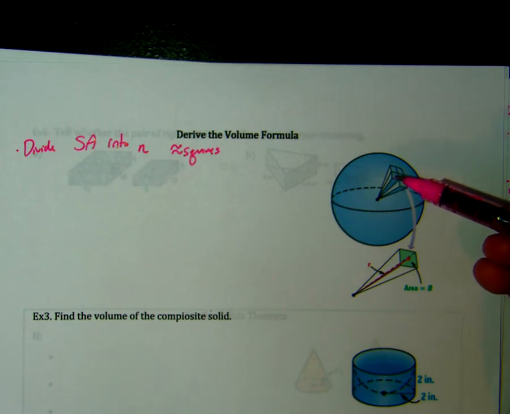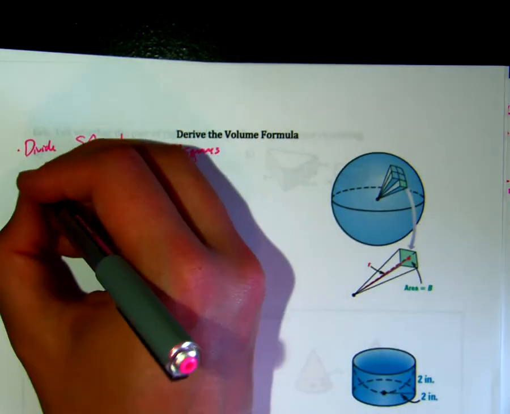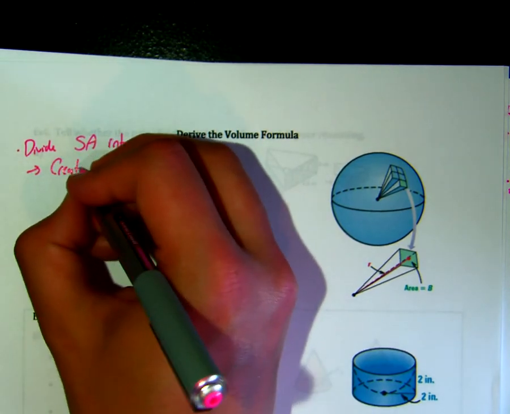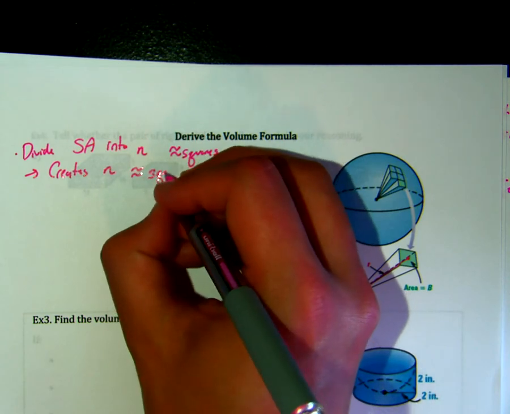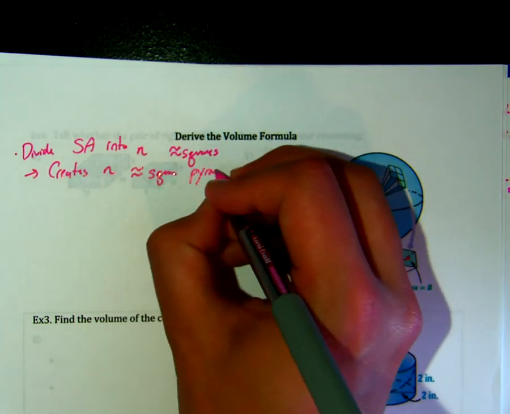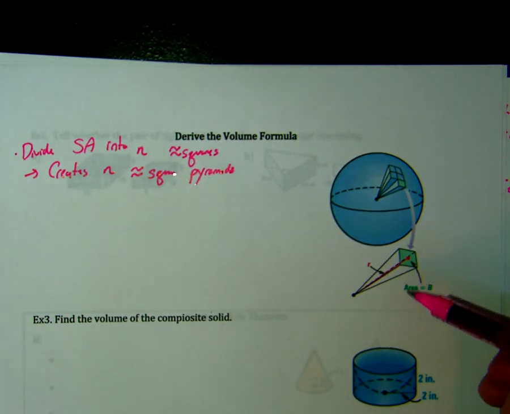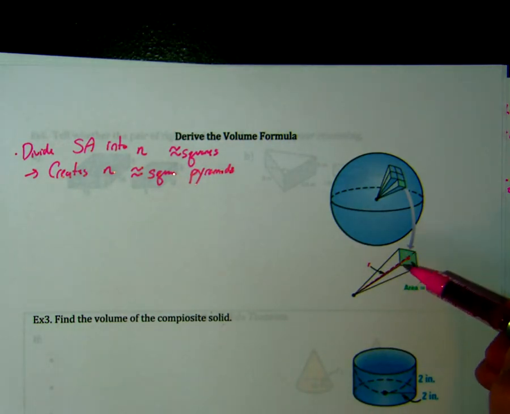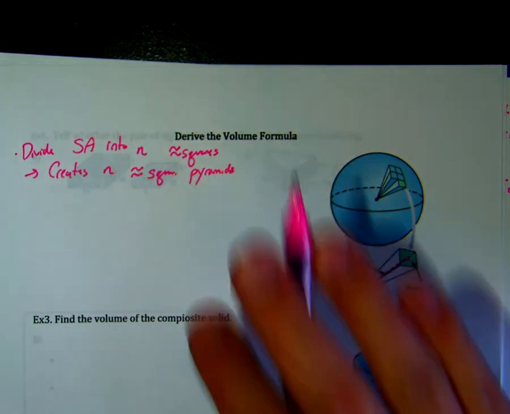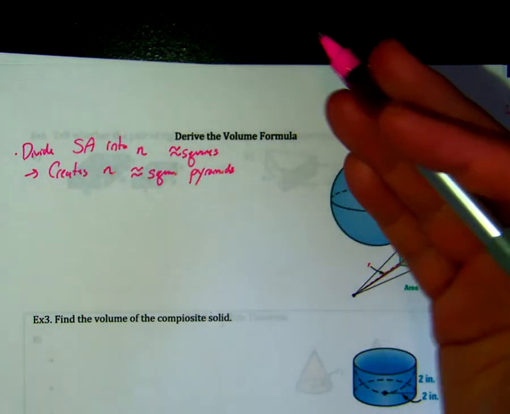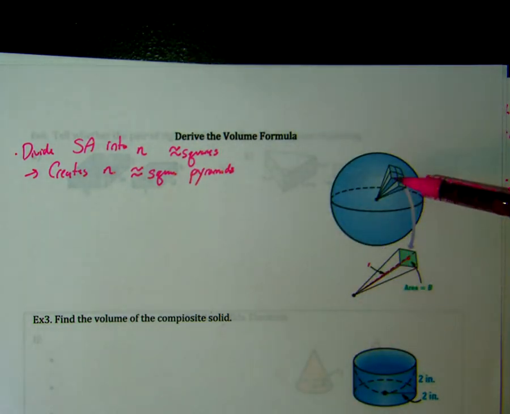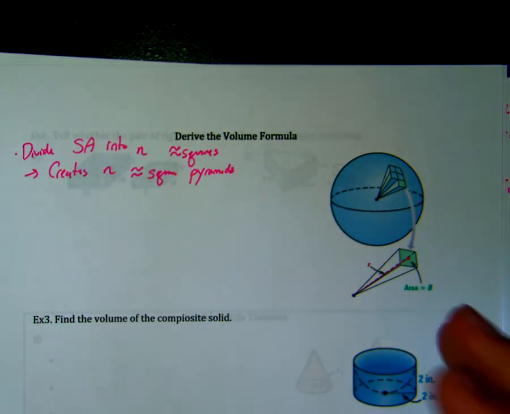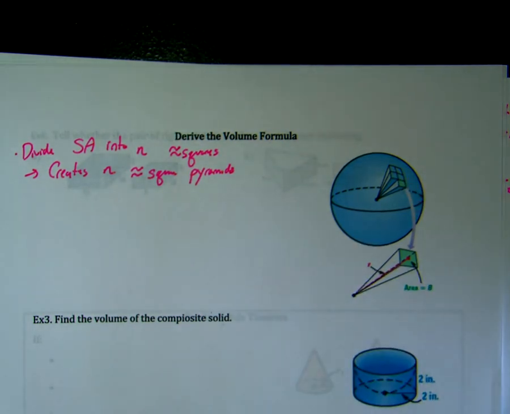So what this does is it creates n things that are approximately square pyramids. So you have this little piece here in green as part of the surface of the sphere, which means it actually does have a little bit of a curve. But if you made it very, very small, that curvature would be very, very minute.